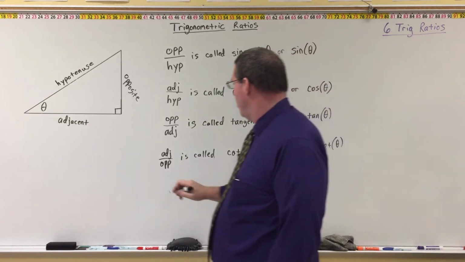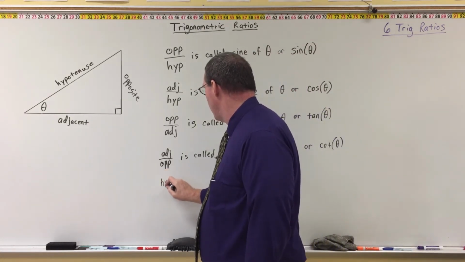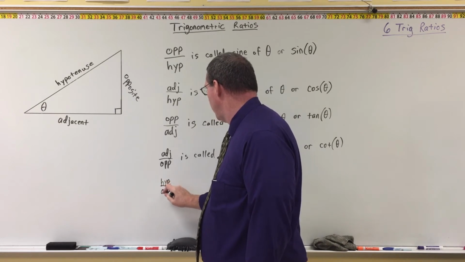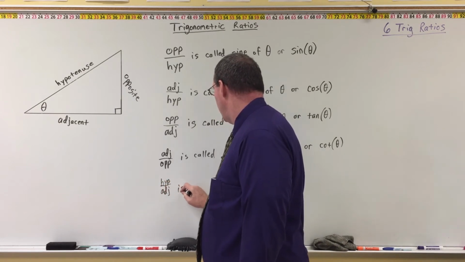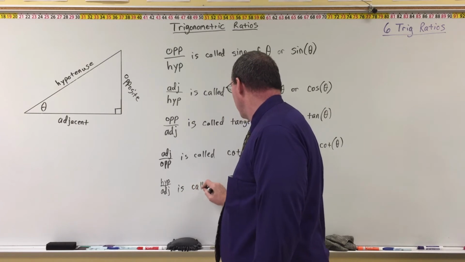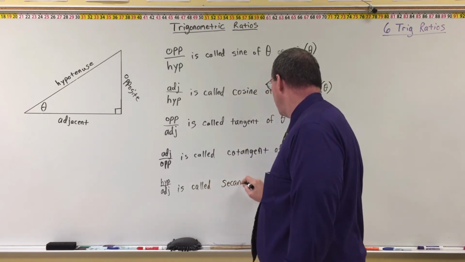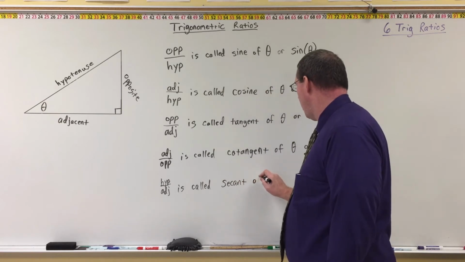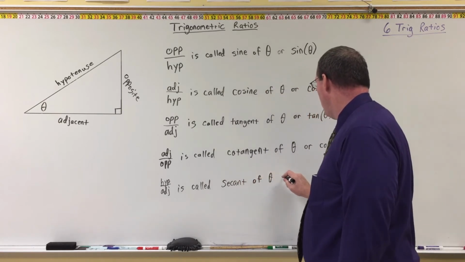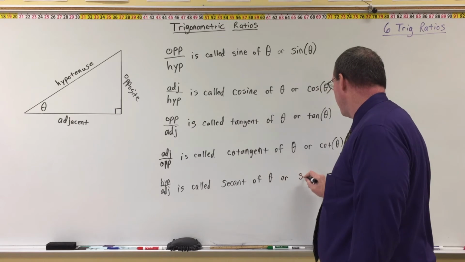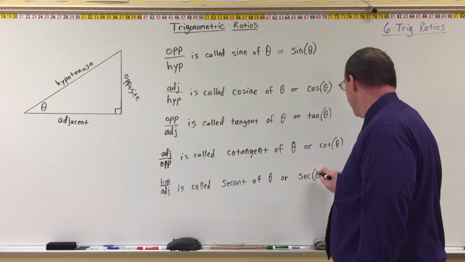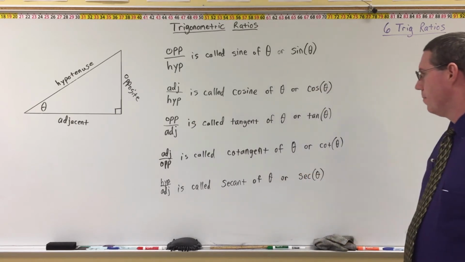And then we're going to do hypotenuse over adjacent is called the secant of the angle. It's called S-E-C-A-N-T, the secant of theta, or S-E-C of theta, okay?